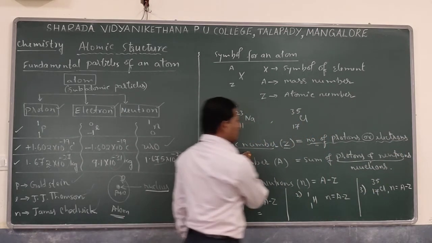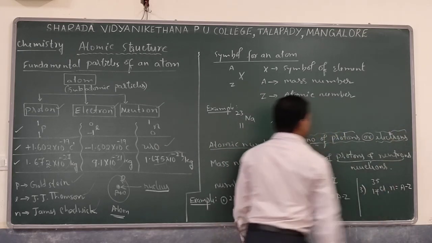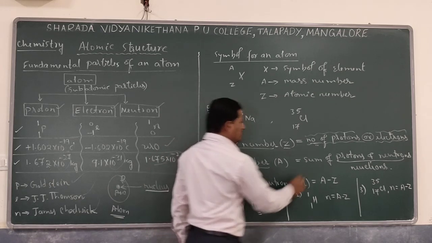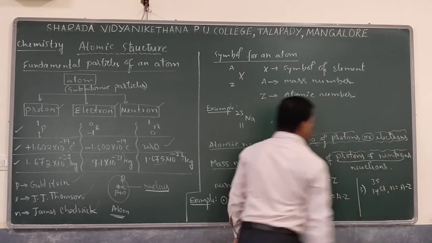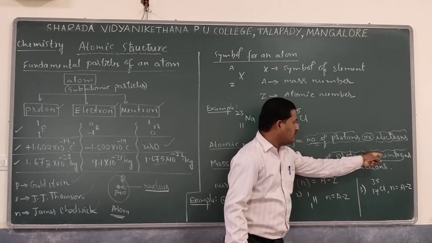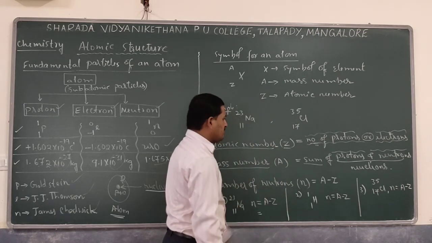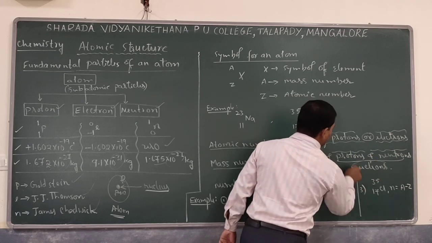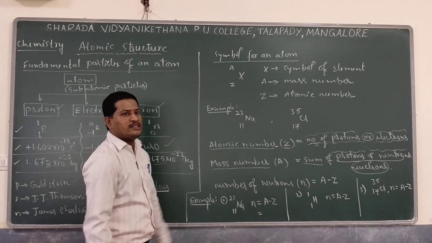But mass number tells about the sum of total number of protons and neutrons present in the nucleus. The total number of protons and neutrons together in the nucleus is called the mass number, and the total number of protons and neutrons together are called nucleons. It also tells the number of nucleons present in an atom.